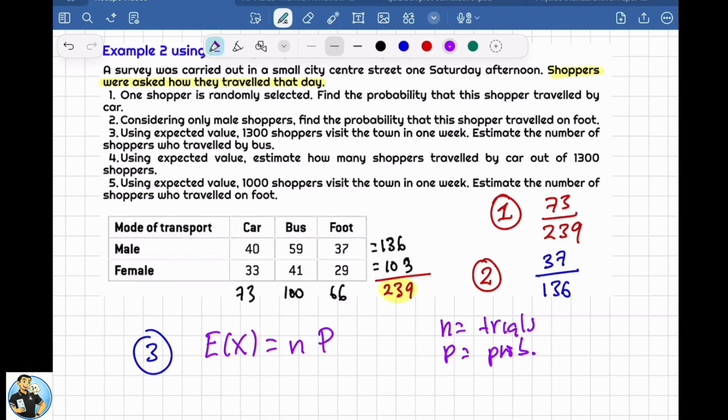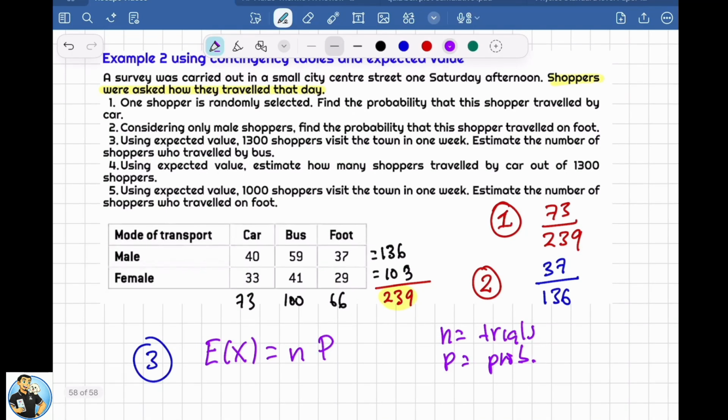And guess what? What would be the meaning of trials here, according to this context? According to this context, the number of trials is a shopper entering the small city. So basically a shopper getting into this small city, that would be the trial or the experiment.